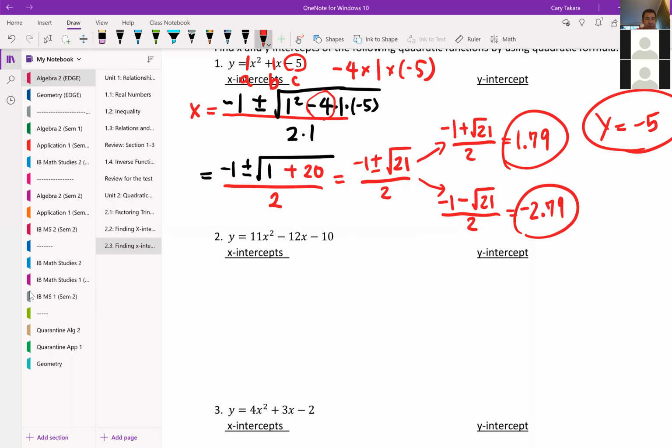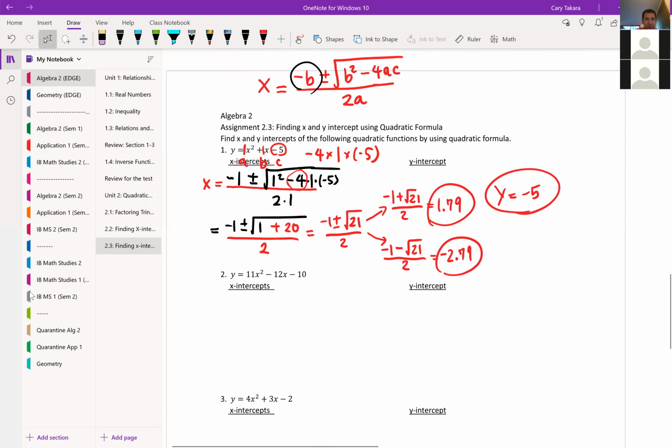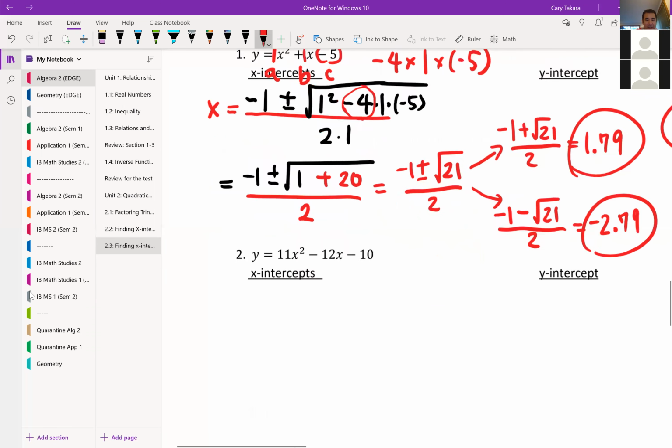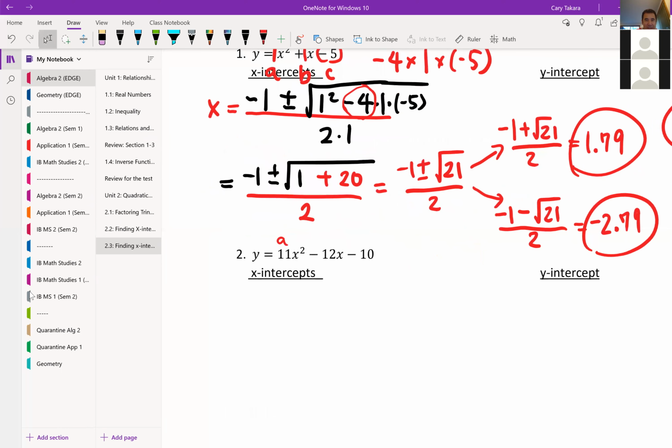So again, the quadratic formula is up there. This is A, B is -12, and C is -10. It's a big number there, bigger than usual.